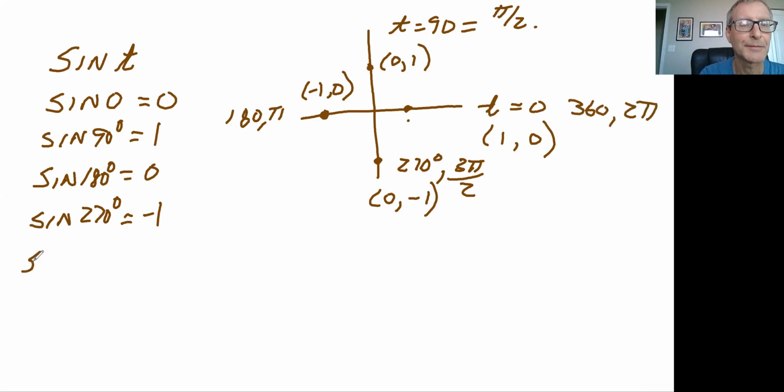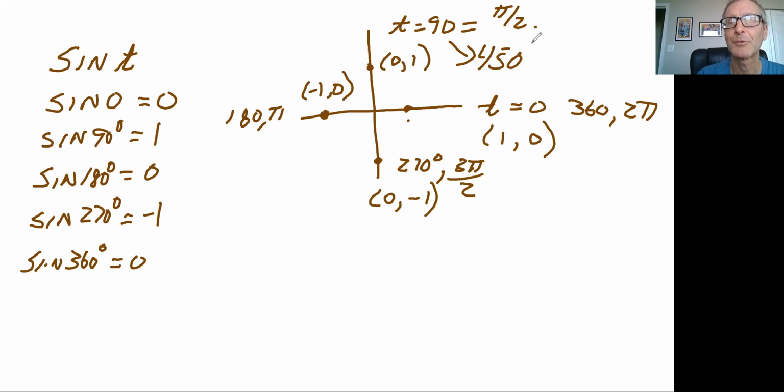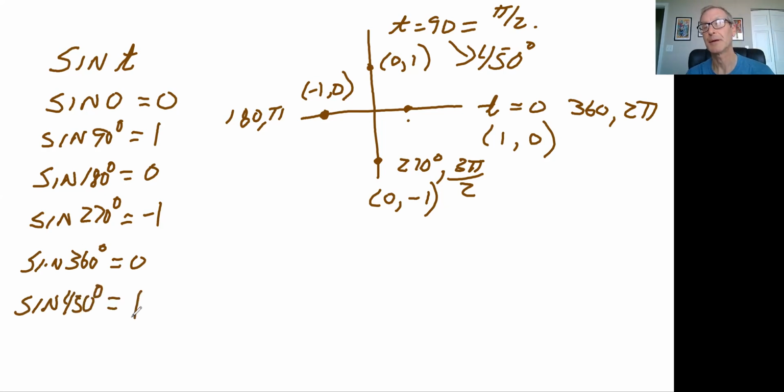Sine of 360 degrees or 2 pi ends up back at 0. If we add another 90 degrees, instead of 360, that would be 450 degrees. We start the process all over again, right? Sine of 450 degrees, again, is 1, and so on and so forth.